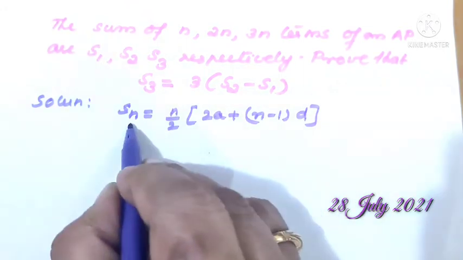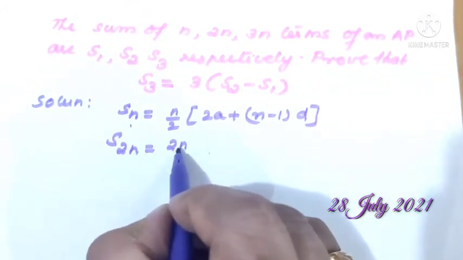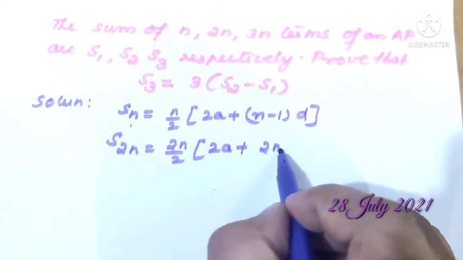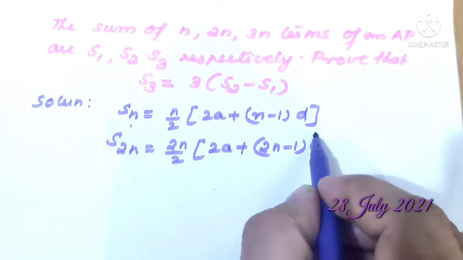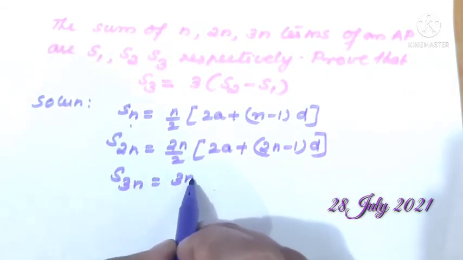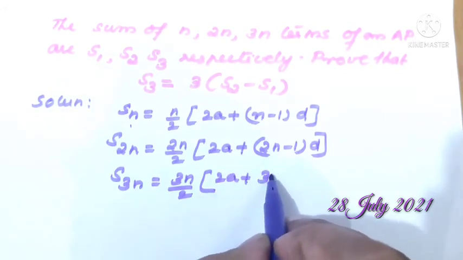That is Sn. Now S2n is 2n by 2 bracket 2a plus 2n minus 1 into d. S3n equal to 3n by 2 bracket 2a plus 3n minus 1 into d.